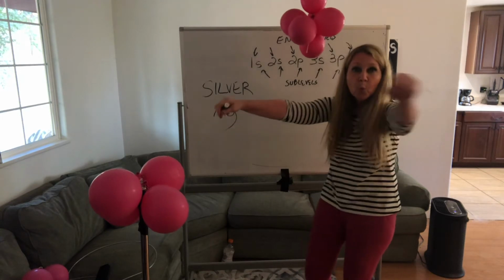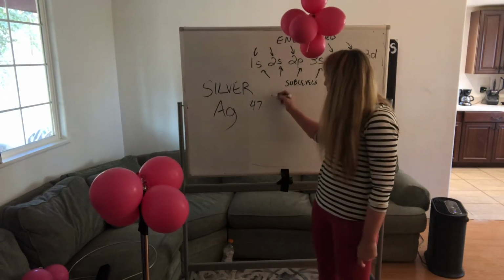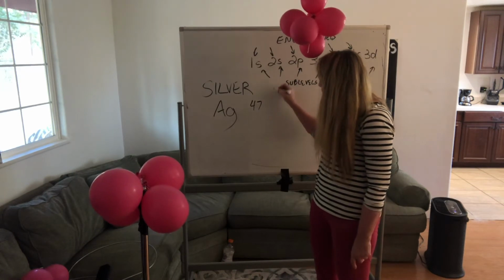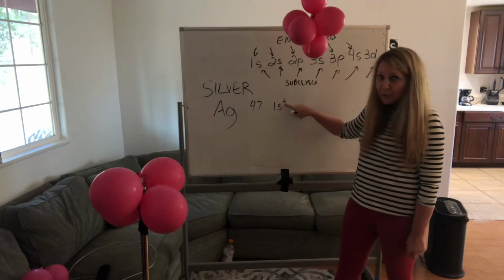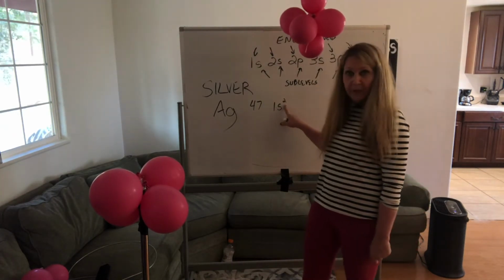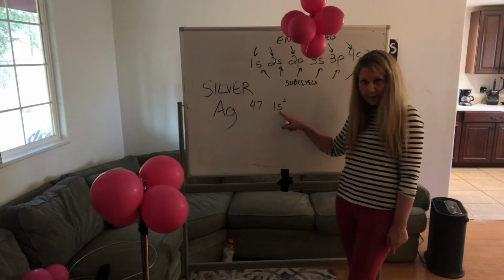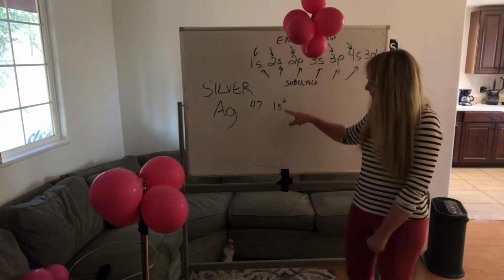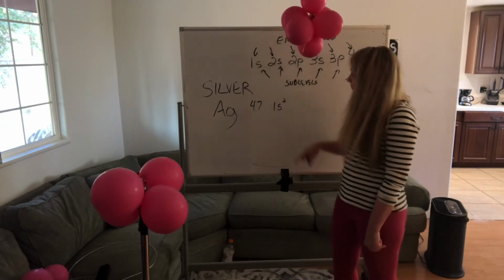Gotta get back to the black. Okay, so here we have 47. So the exponents here are going to indicate the number of electrons. We fill up the first S sublevel, 1s2. So we're down to 45 electrons left.